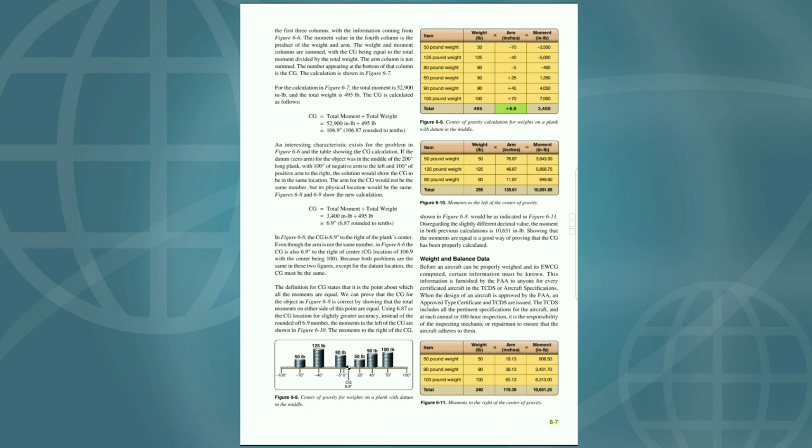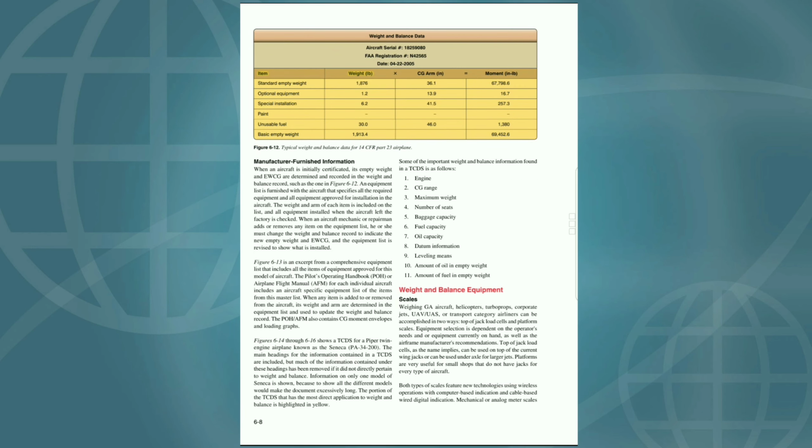Figure 6-7. Item, weight, pounds, weight and balance data. Aircraft serial number 18,259,080. FAA registration number N42565, date April 22, 2005. Times equals. Standard empty weight, optional equipment, special installation, paint and usable fuel, basic empty weight: 1,876, 1.2, 6.2, minus 30.0, 1,913.4.